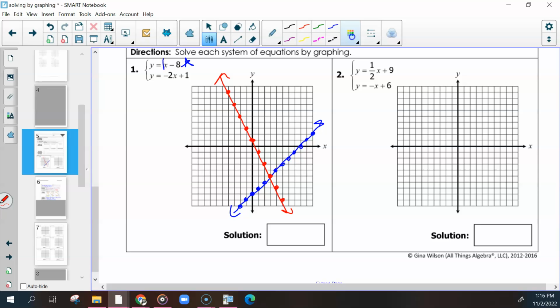What is that solution? 3 and... If you need to, circle where they intersect, so that it helps you see it more thoroughly. But that is how we solve a system of equations by graphing.